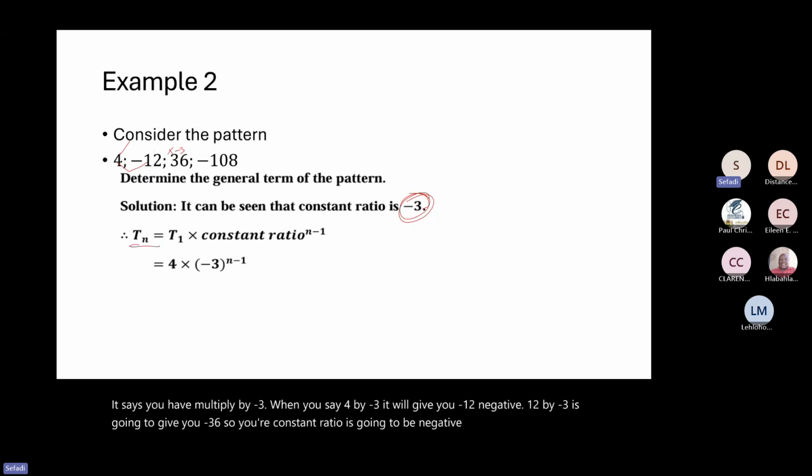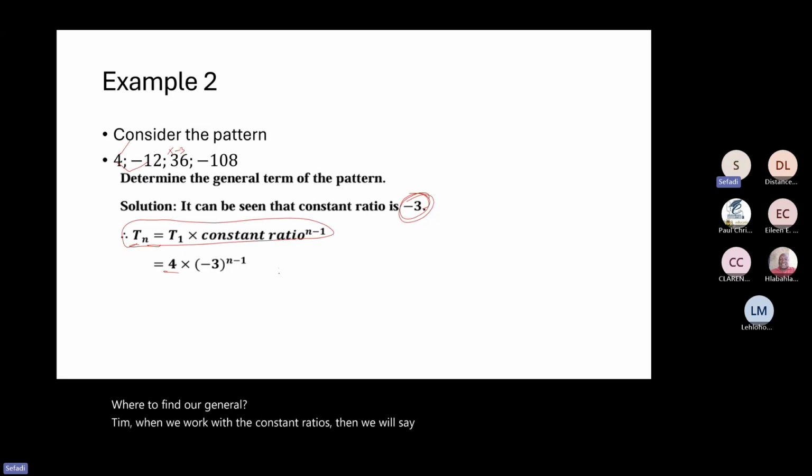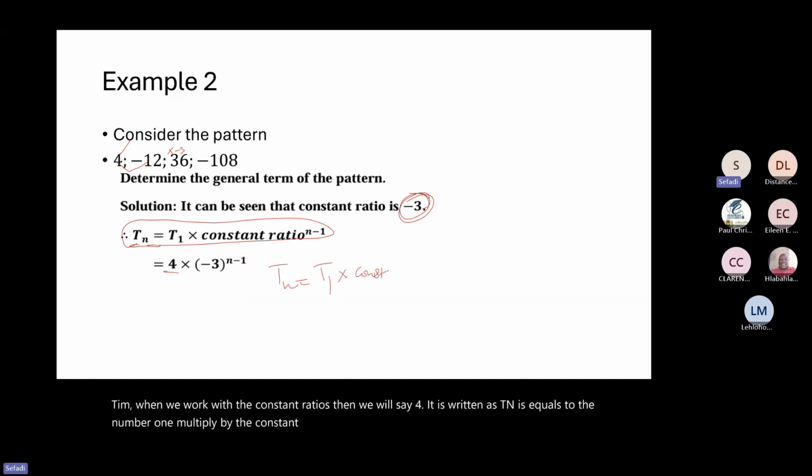So we have this general rule to find our general term when we work with the constant ratios. It is written as Tn is equal to term number 1 multiplied by the constant ratio, exponent n minus 1.